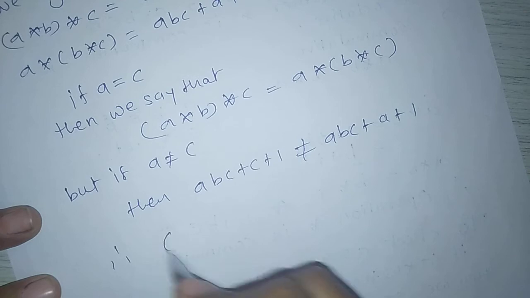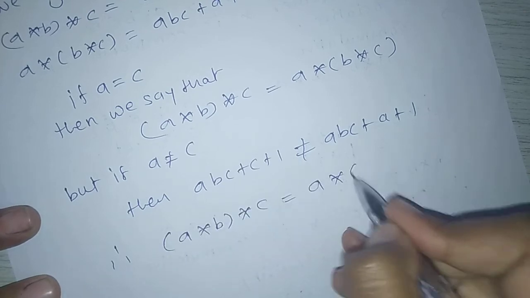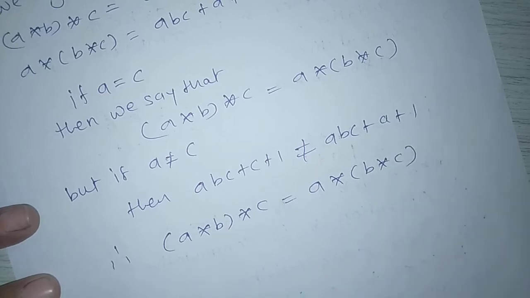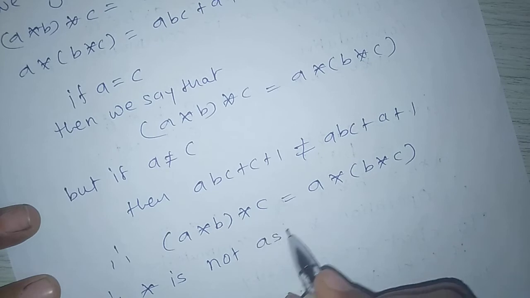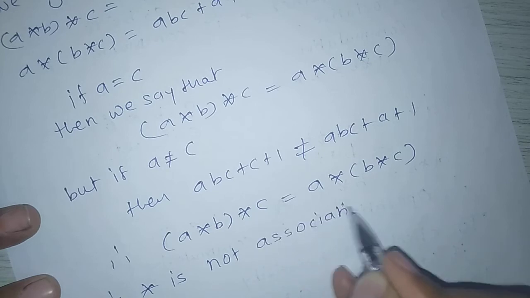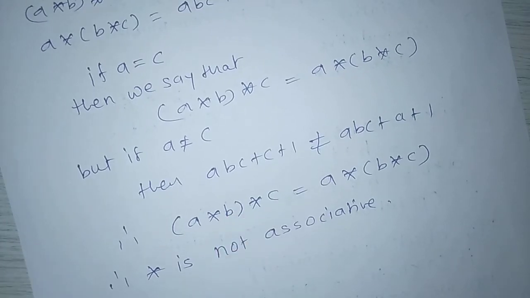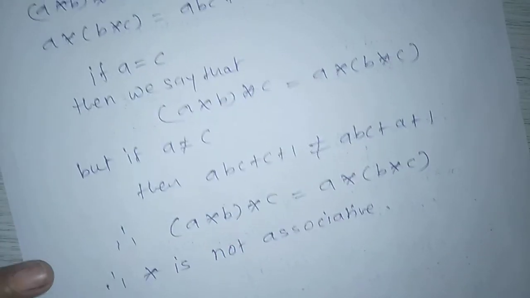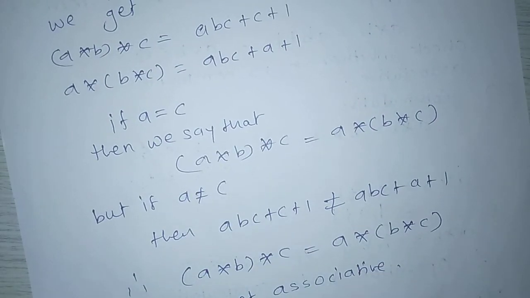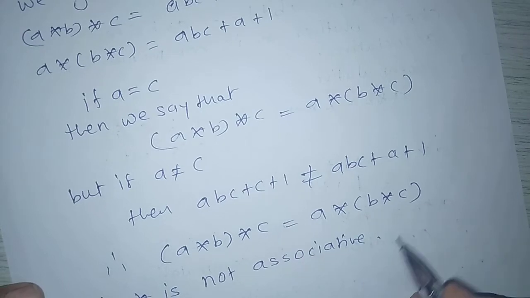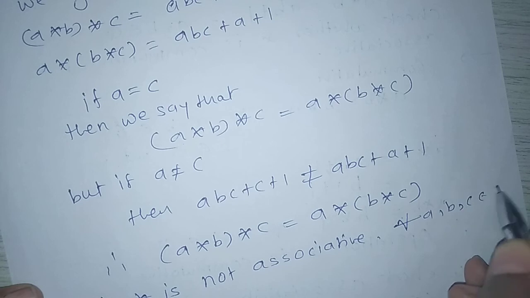Therefore, A star B star C is not equal to A star of B star C. Therefore, star is not associative, because the associative property must hold for all the elements of the given set, but here it is true only when A equal to C, for all A, B, C belonging to Q.